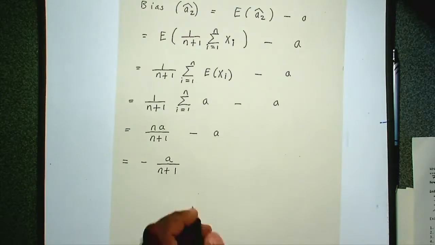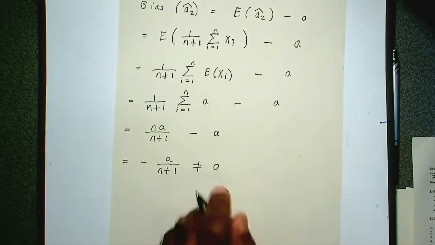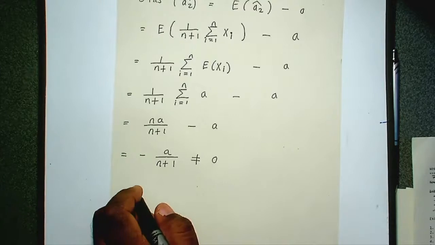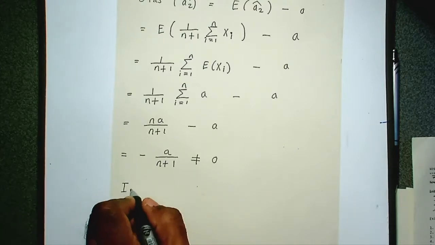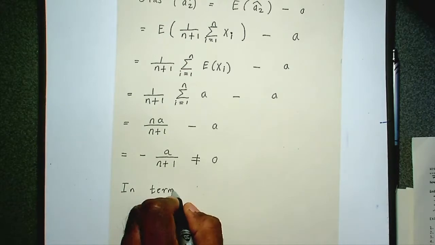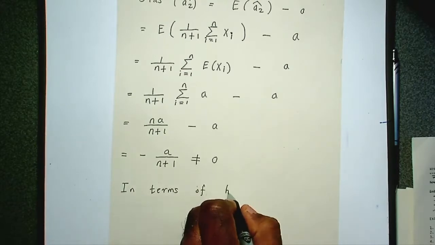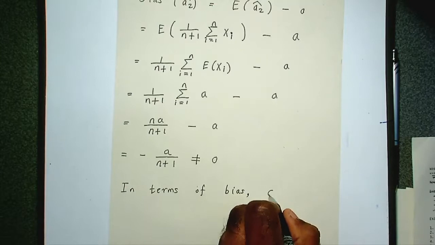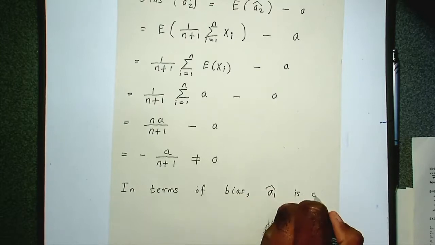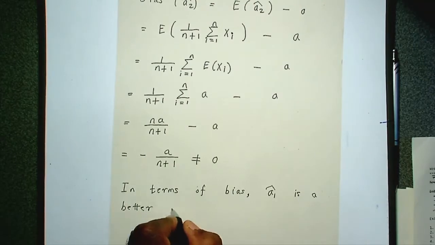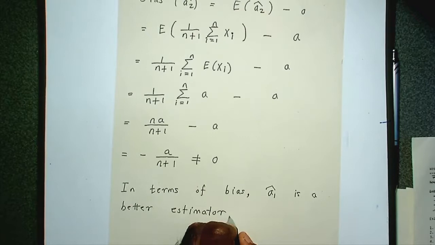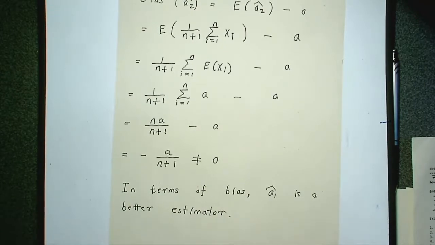All right, which is not equal to 0. So in terms of bias, A1 hat is the better estimator. Right, so that's the conclusion in terms of bias, right?